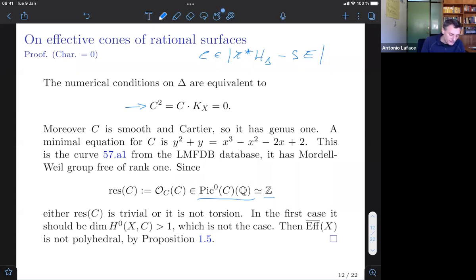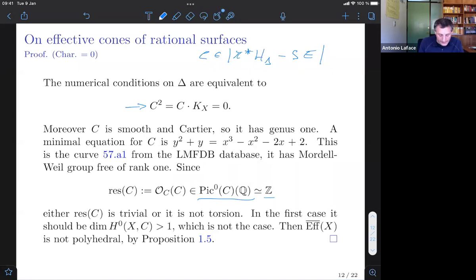So there are two possibilities for this restriction of C. Either it is trivial or it is non-torsion. In the first case, it is easy to see that the curve C should move in its linear system, that is, the dimension of the H0 should be bigger than 1.